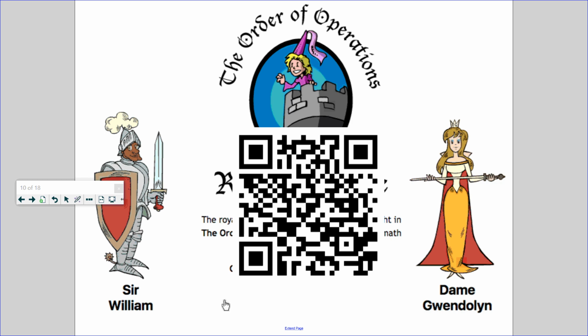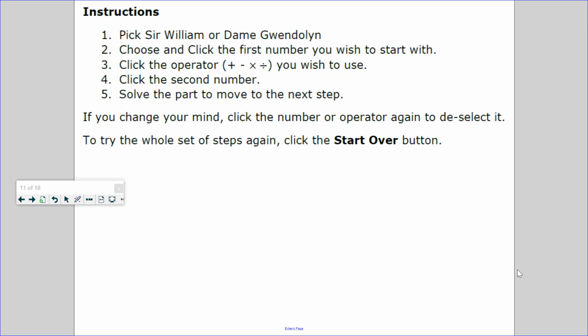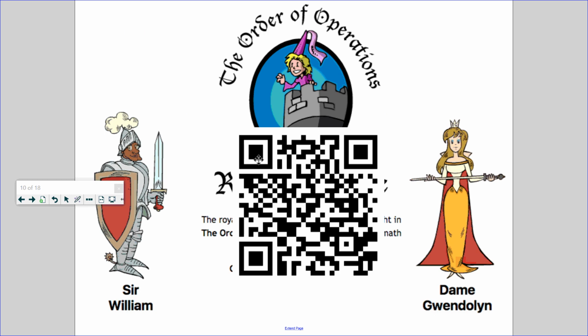You are going to choose either Sir William or Dame Gwendolyn, and then click the first number you wish to start with, click the operator, then click the second number, solve the part to move to the next step. If you change your mind, click the number or operator to deselect it. To try the whole set of steps again, click the start over button.